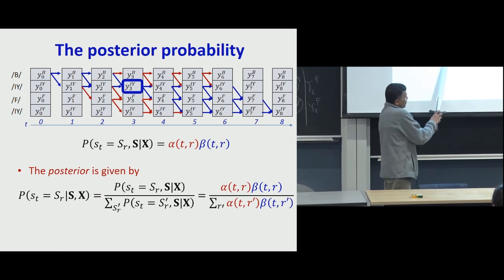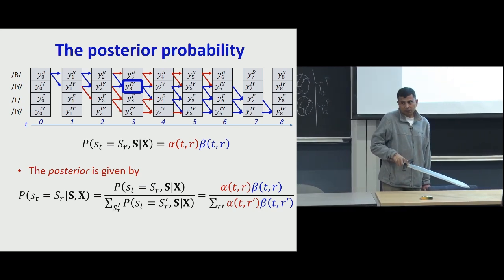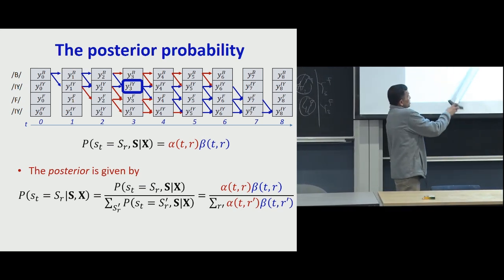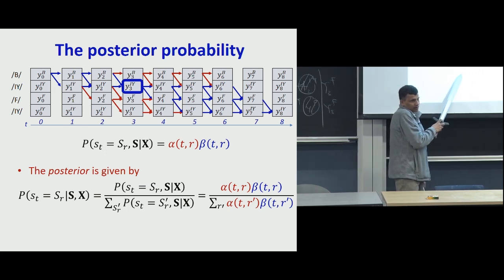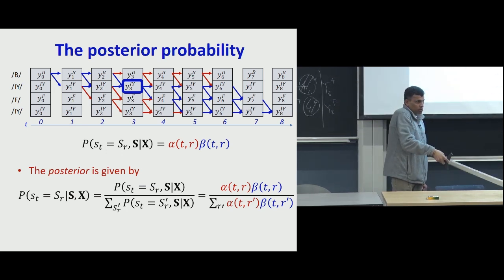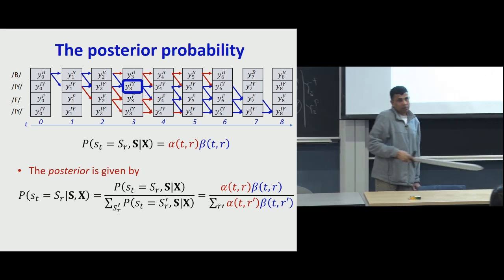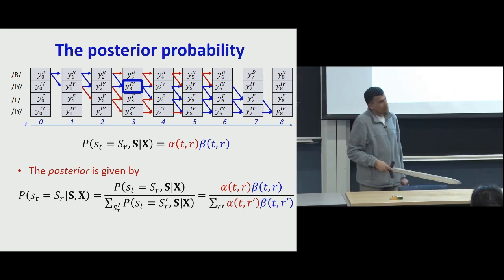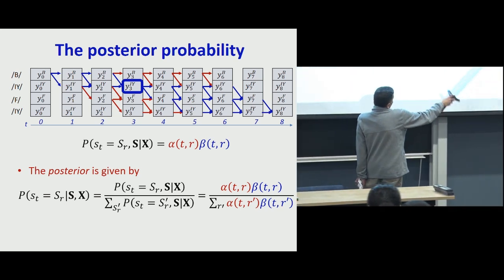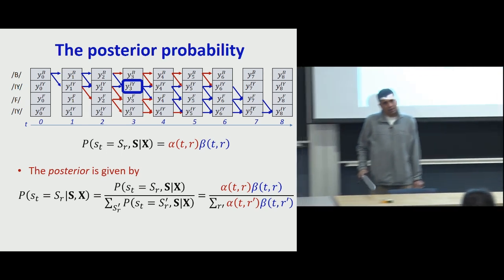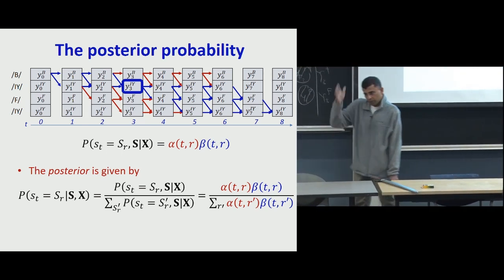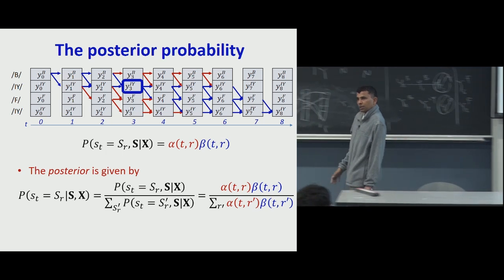If SR goes through the entire set of symbols, these probabilities must sum to 1, correct? Meaning these posterior probabilities within any column must sum to 1. And so the normalization makes sure the posterior probabilities within any column sum to 1.